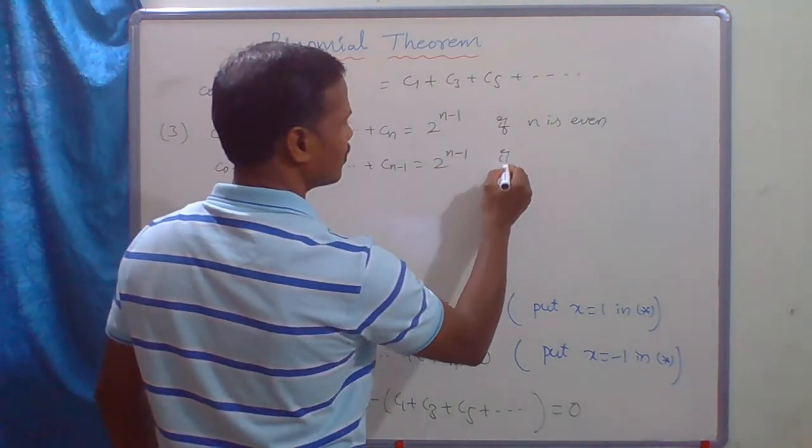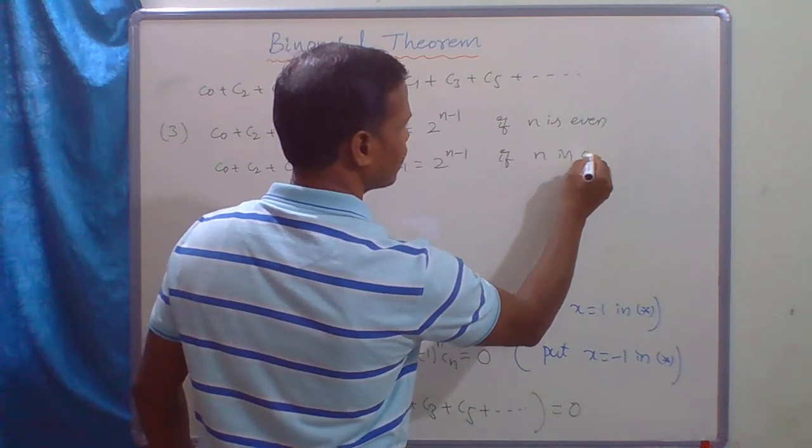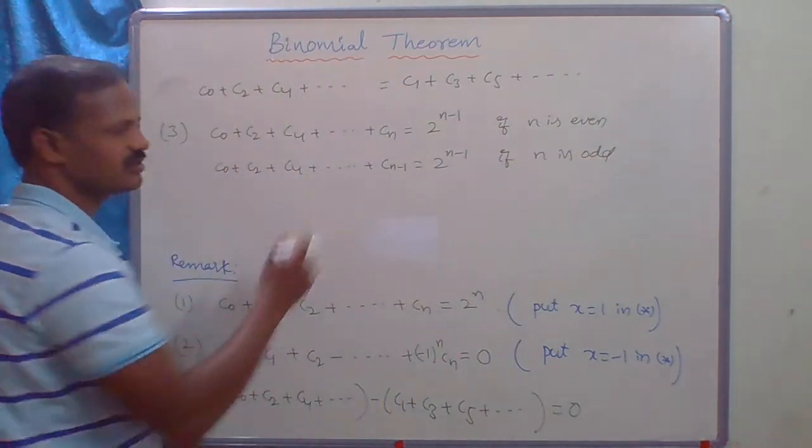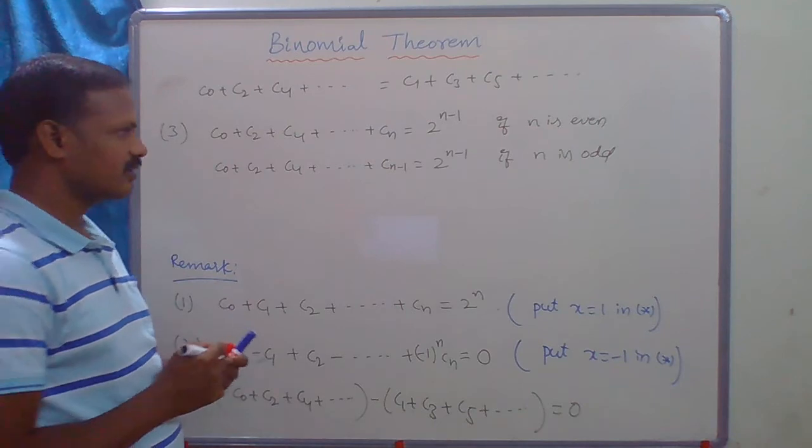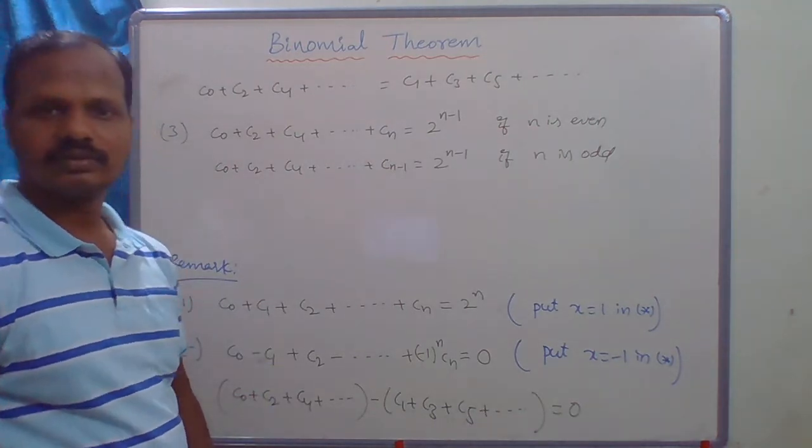If n is odd, then this is the last term. Clear?